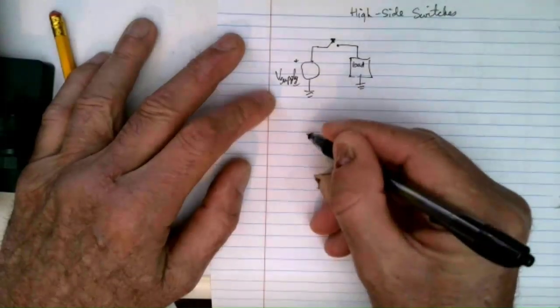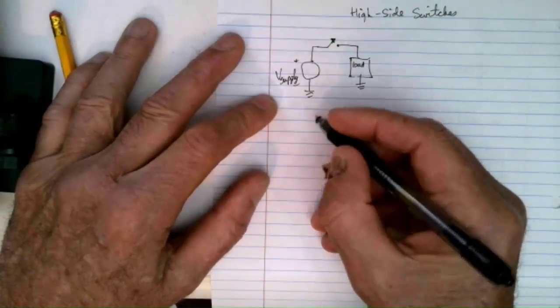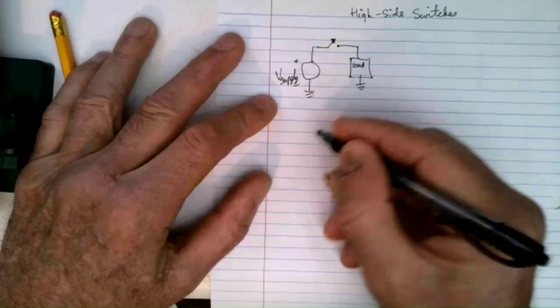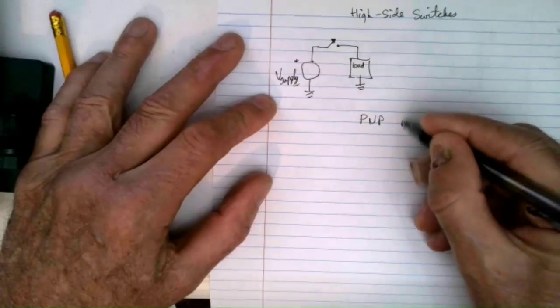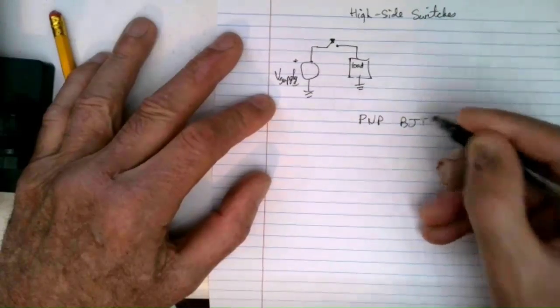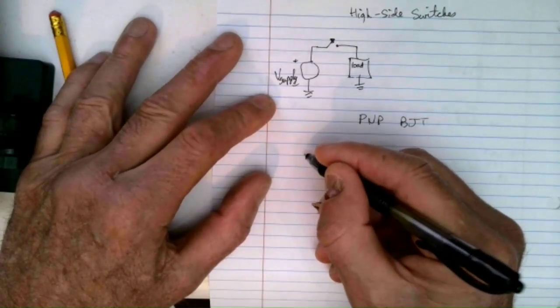One is a PNP bipolar junction transistor, a PNP BJT. And so what would that architecture look like?